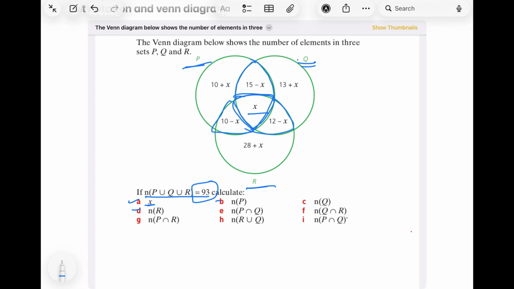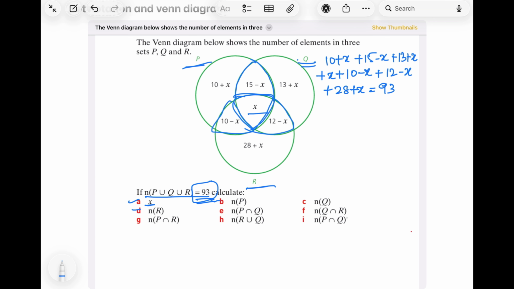So here the expressions are 10 plus x plus 15 minus x plus 13 plus x plus 10 minus x plus 12 minus x plus 28 plus x is equal to 93 as given here.